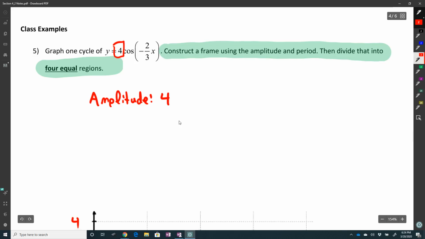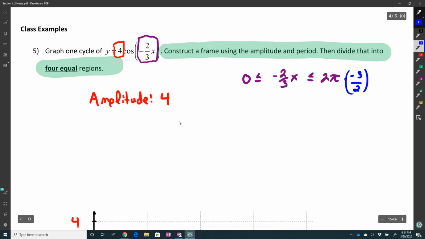All right, so now the other part is the inside. And again, that's 0 less than or equal to negative 2/3 x less than or equal to 2 pi. You can use the formula if you want. I like doing it this way. So I multiply it by negative 3/2, negative 3/2.